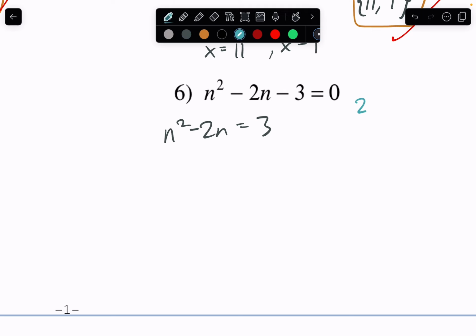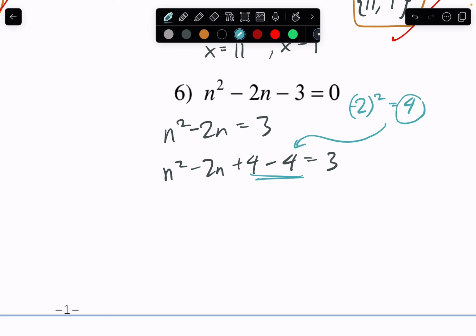So we have 2, right? Negative 2, actually. It's going to be 4 plus 4 minus 4 is equal to 3. And then something's wrong.